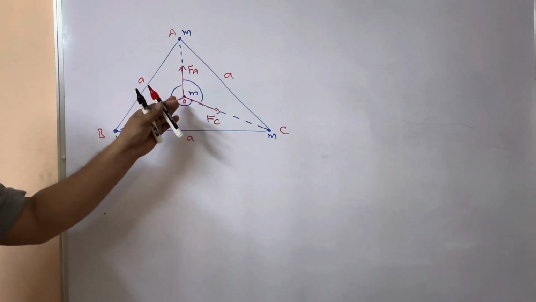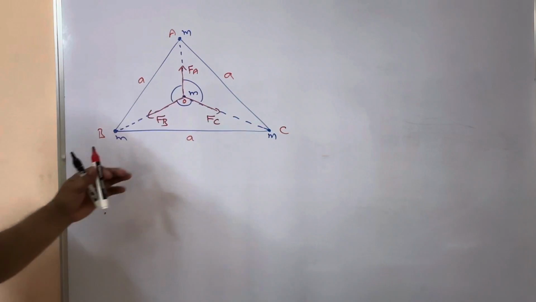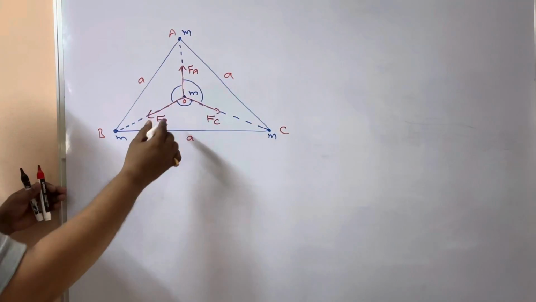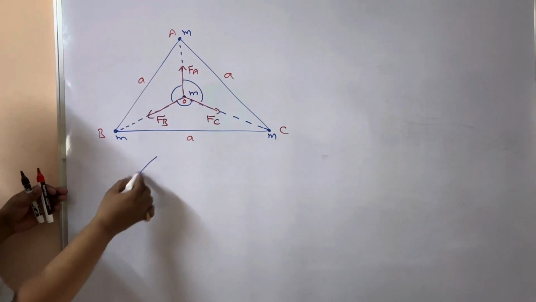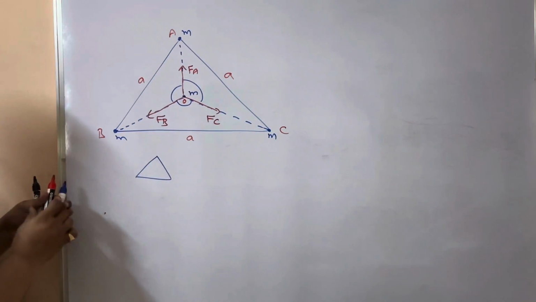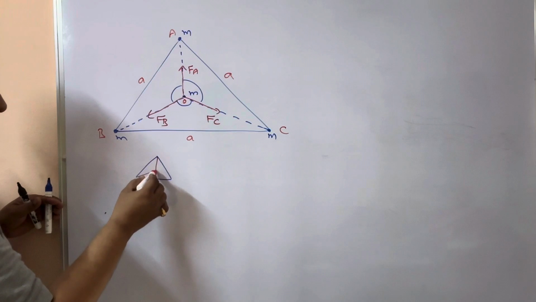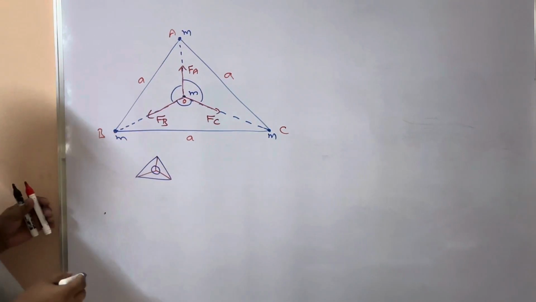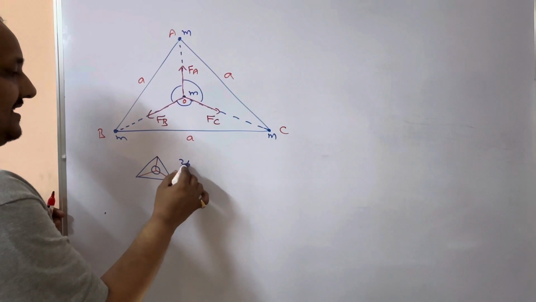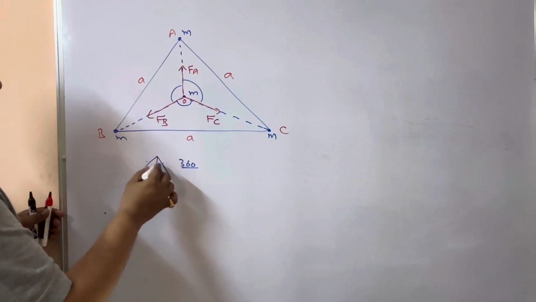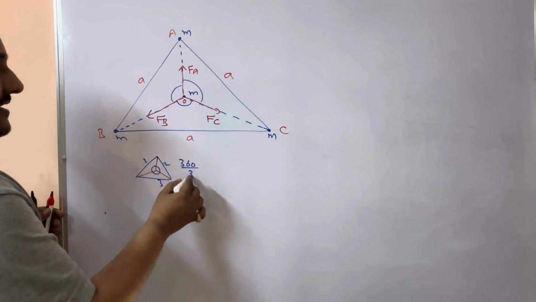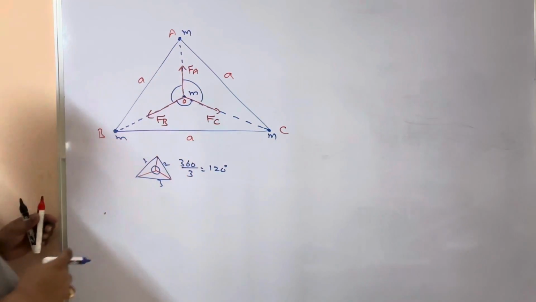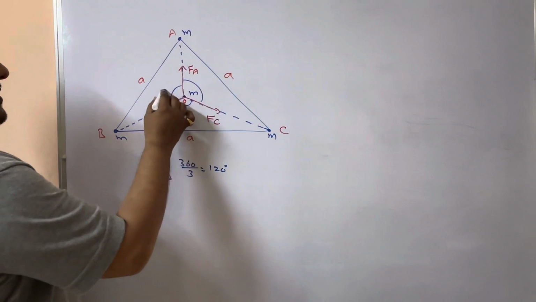So if three sides are there, then what is the total angle here? The total angle is 360 degrees. 360 divided by how many sides? Three sides are there. Therefore each angle is going to be 120 degrees.